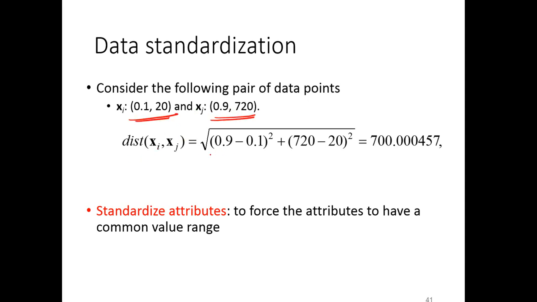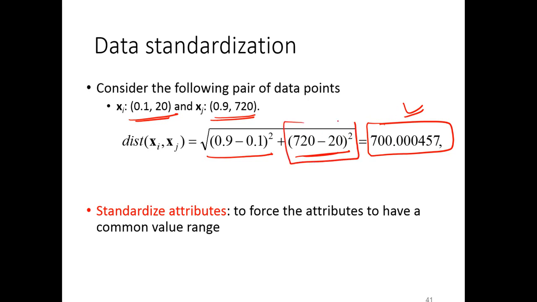So the distance is the square root of (0.9 minus 0.1) squared plus (720 minus 20) squared. That's the Euclidean distance, and we find it to be 700.0057. Now you can see that the 700 that we found is majorly because of the second term. The first term doesn't contribute much.